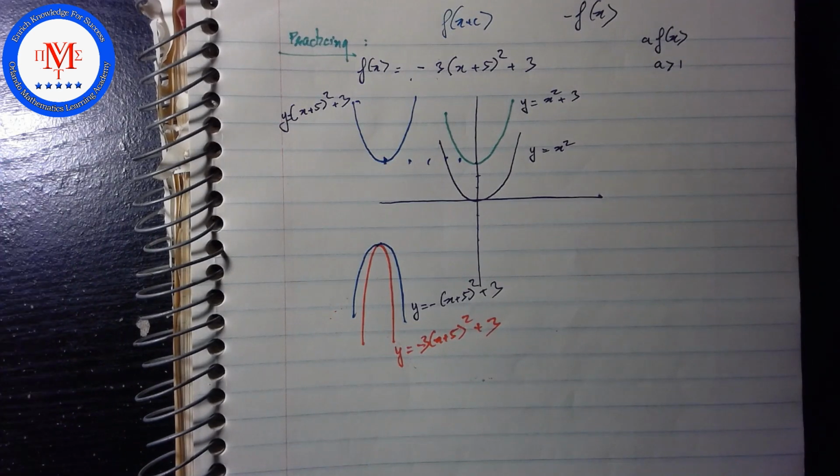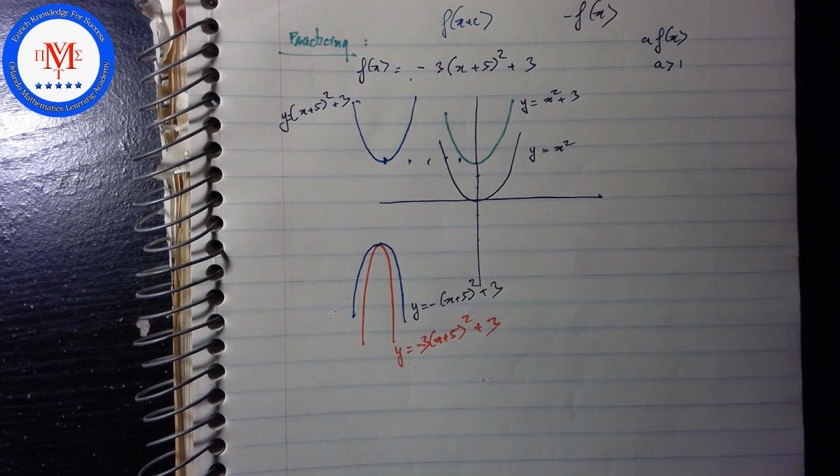So after we learn transformation of the function, we learn another property of the nonlinear function. We call that average rate of change. You already heard that terminology in the previous lecture video. In the past lecture video, average rate of change is basically the slope of the linear function, right?